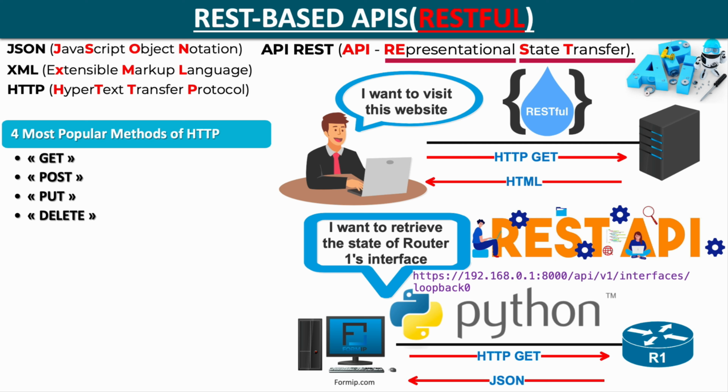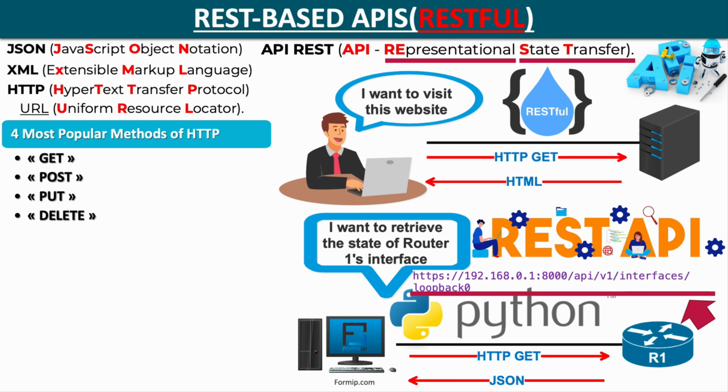Access to a resource is made using a Uniform Resource Locator, URL. These are the same ones we use for the web. In the example, the URL is used to access the resource from loopback 0 on router 1. In fact, REST APIs simply mimic the way the web works in exchanges between a client and a server.